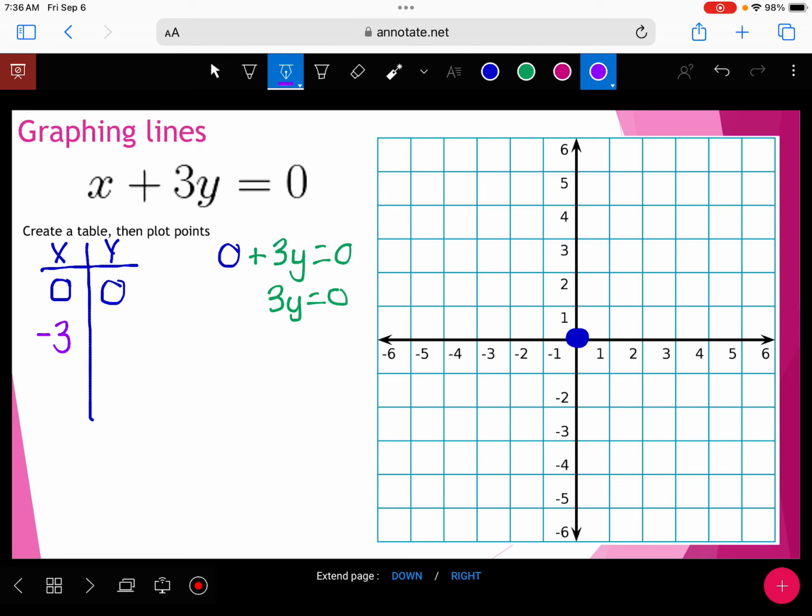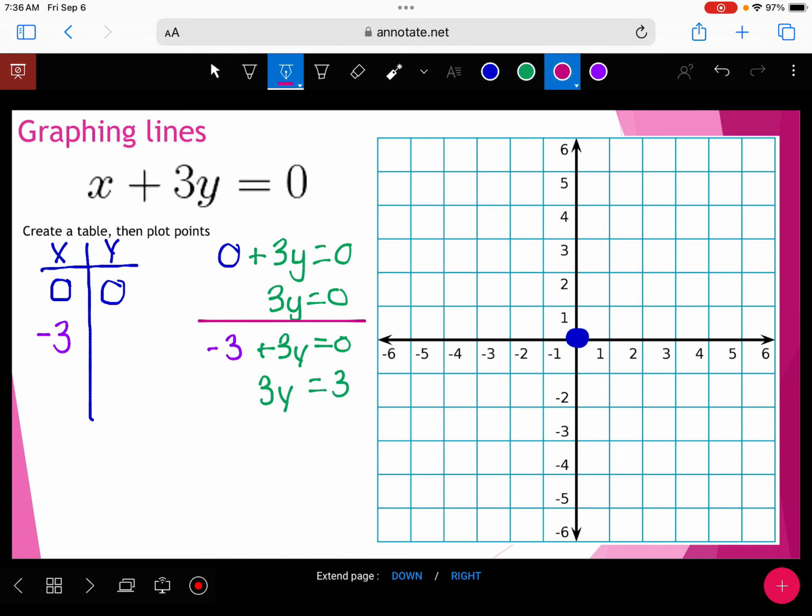So it is a safe bet to use the numbers that are on our axes. When we're doing a guess and check table, we are blind guessing and just checking stuff out. So minus 3 plus 3y equals 0. If we add 3 to both sides, it's going to give me that 3y equals 3.